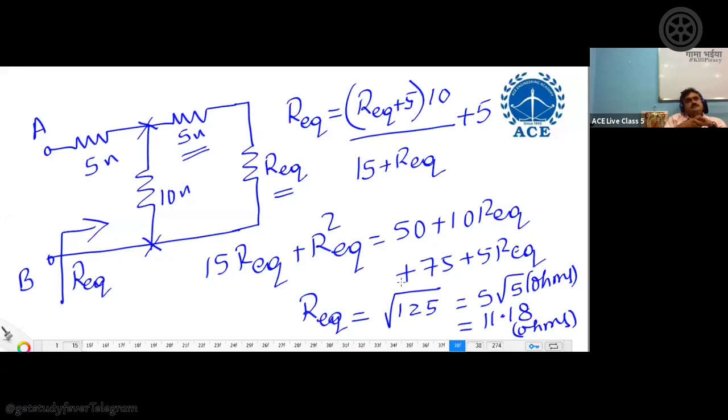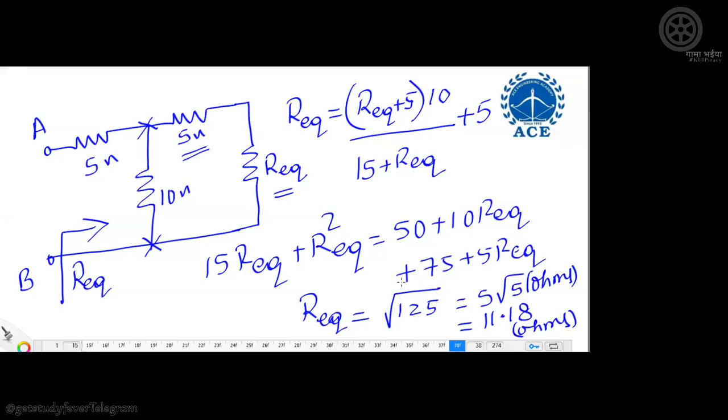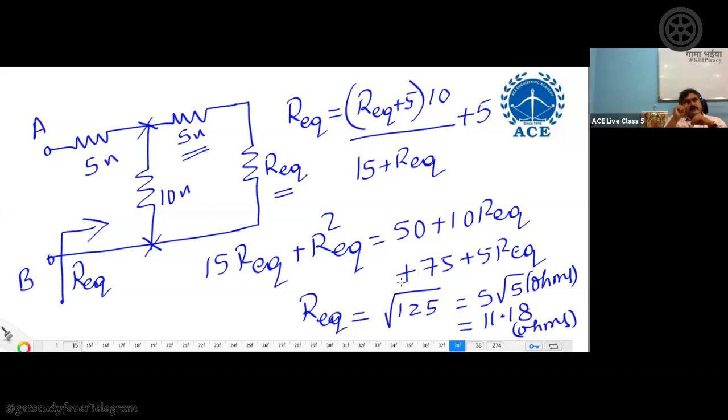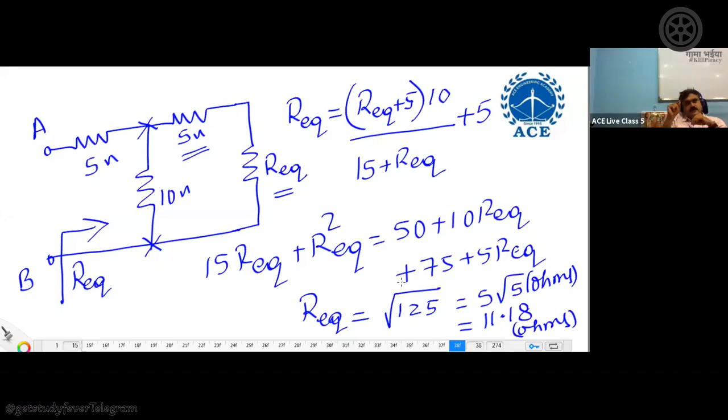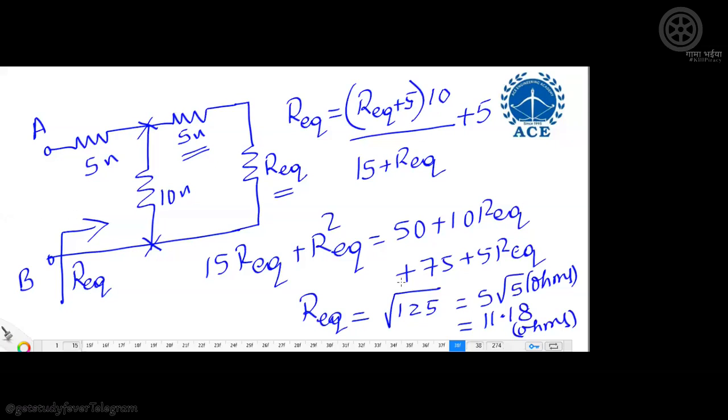Wherever t is there, you replace it with t minus ts. That's all. Okay, sir. Got it, sir. Thank you, sir.